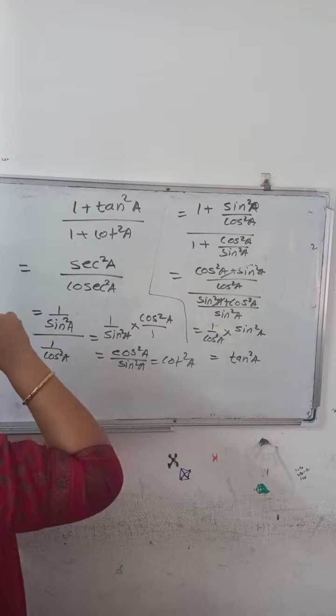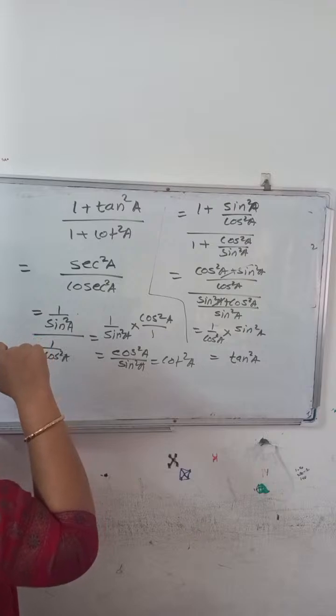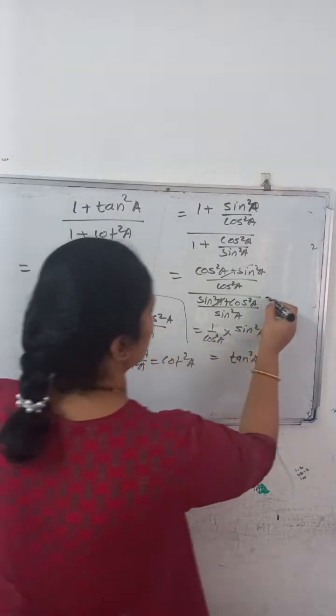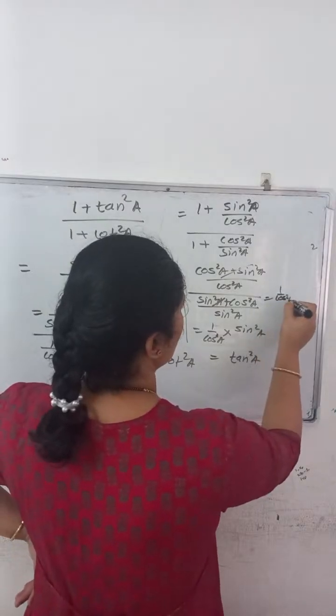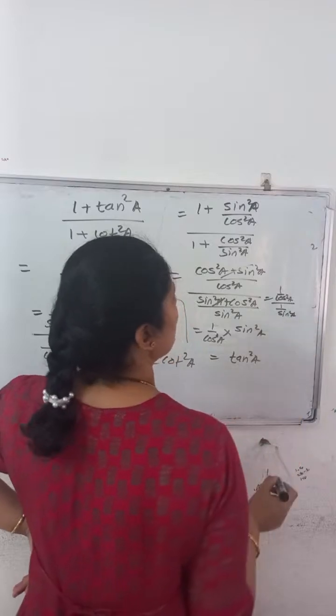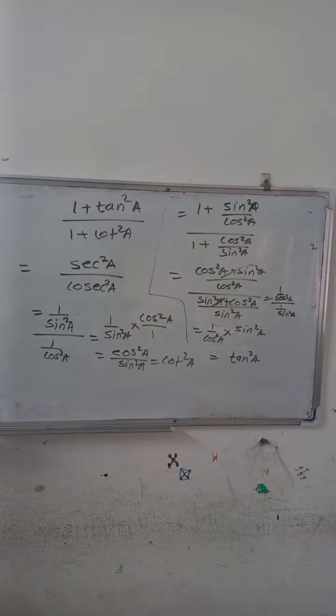Here 1 upon cos square A upon 1 upon sin square A, it's tan square. Okay. Both the answers we can say are correct. Okay, because in one of the questions we took the identity, but still wait, I will check.